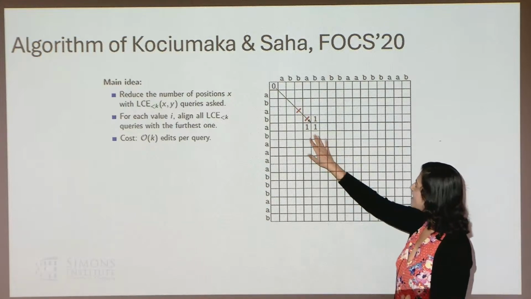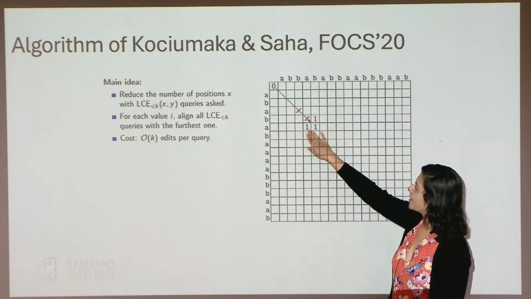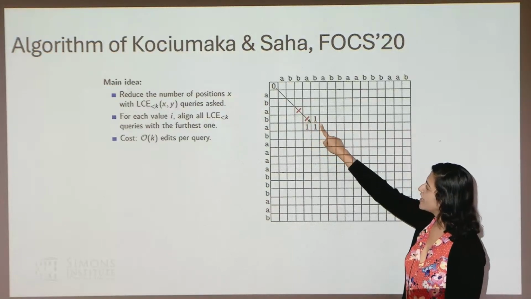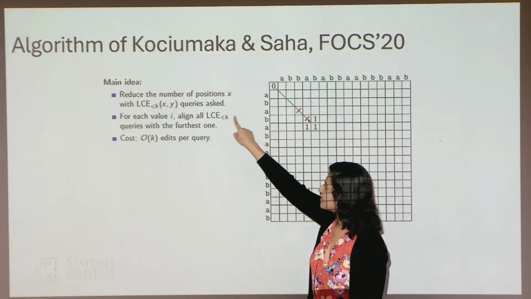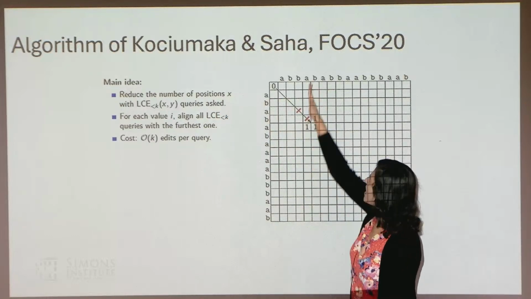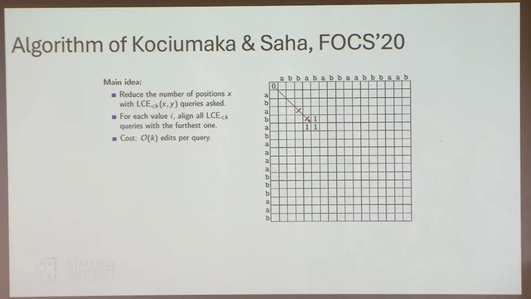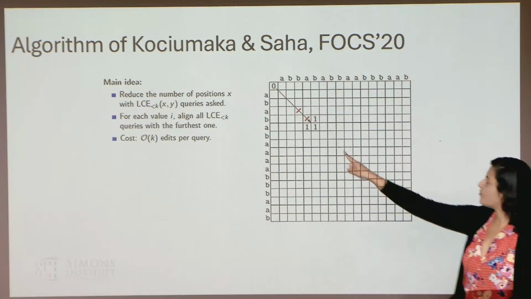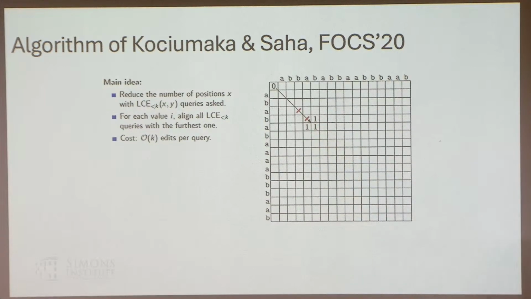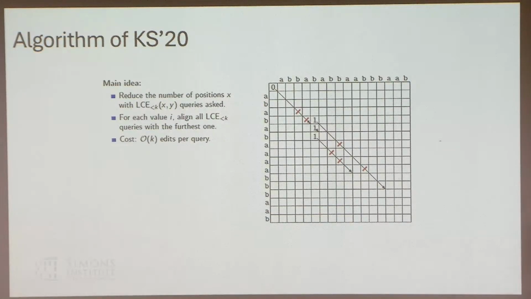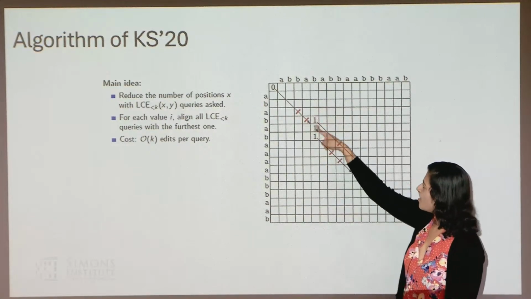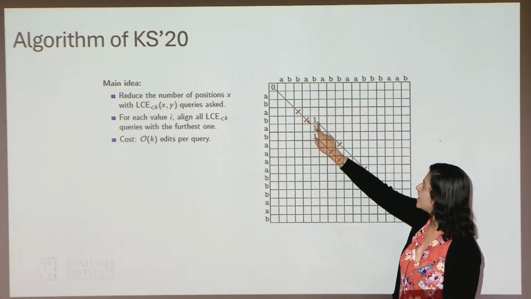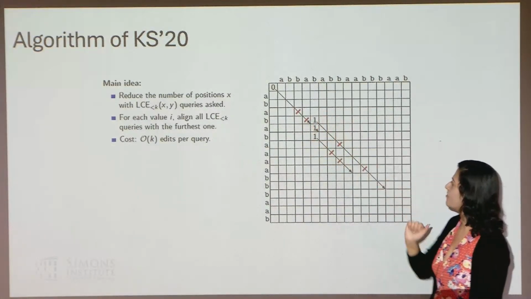What we said is that instead of doing the LCE query on each of these diagonals, we align all these queries with the farthest column that you can get. Instead of computing the LCE query from these three diagonals here, we will just align all of these on this diagonal, which is the farthest I can go using any of these k diagonals, and I will do an LCE query starting from here.